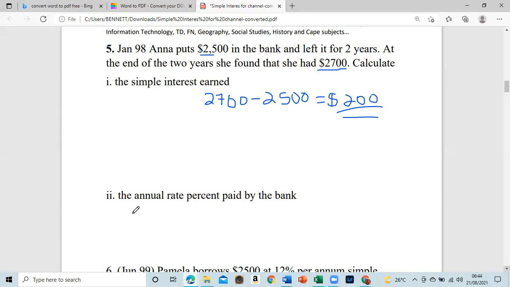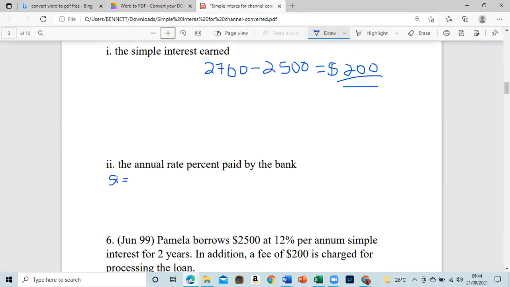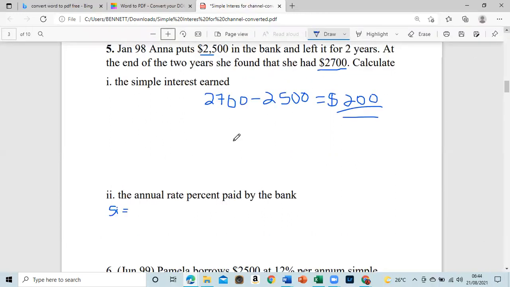All right, so we could just put it up in a simple interest form now, and then we match it up. So simple interest. We have all the information now. We have the rate and we have everything, right? So let us see now. The principal was 2,005, because that's what she put first.